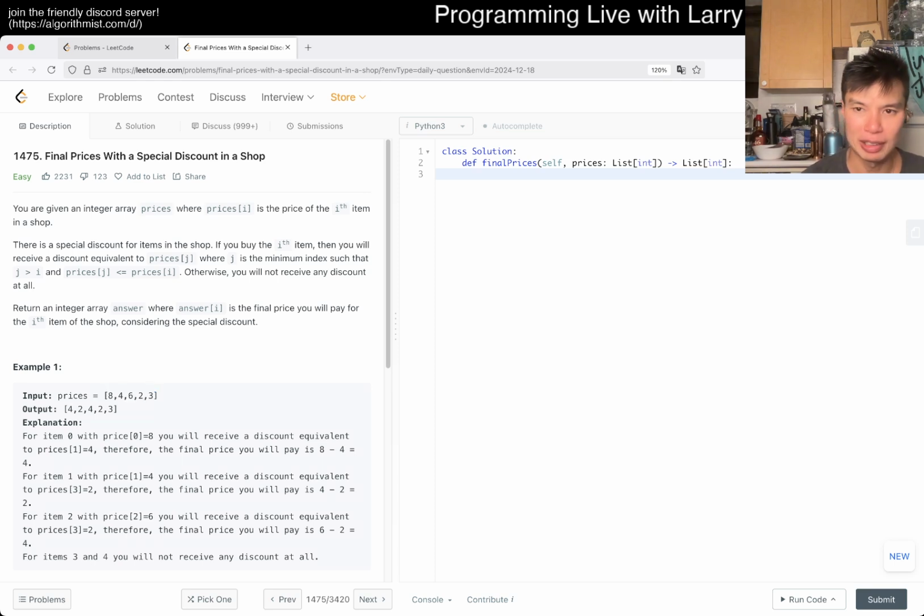So maybe we can do that as well. Maybe that's easier. And processing backwards, what does that mean? So for 3, we have no discount. 2 is less than 3, so we don't have to consider 3 anymore, because I think that's slightly easier.